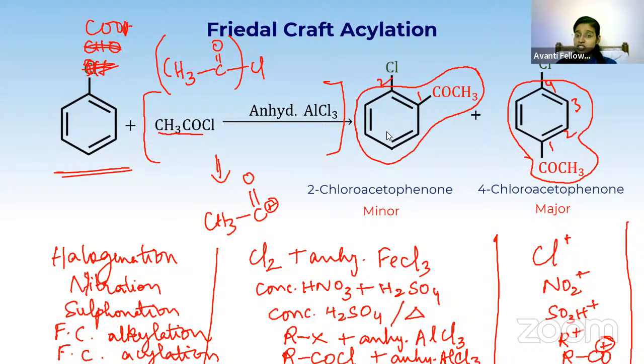So only the reactant will change. The reagents, electrophilic reagents and the electrophile will not change. So please learn the reagents and the electrophile thoroughly. Clear for all of you? Shall we go for the third type of reaction?